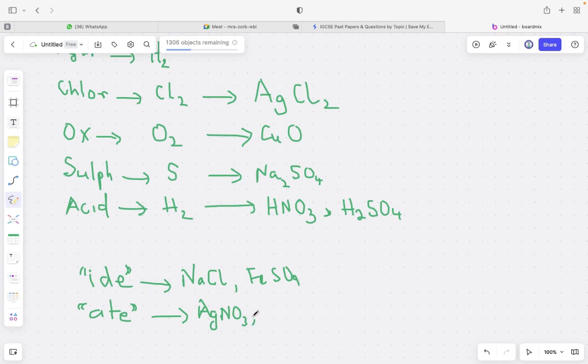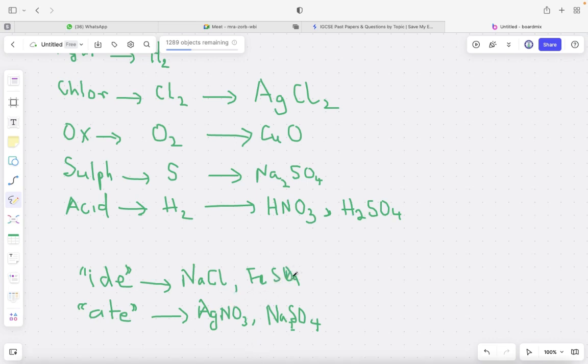Sodium sulfate, they end with nitrate, sulfate, ATE. So when you see this, sodium sulfate, then the compound contains the element oxygen as well as the ones in the name. It means it contains oxygen.